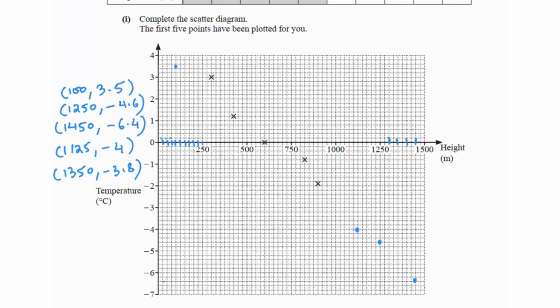That and 1350 and negative 3.8. 1300, 1350. That. So this is a scatter plot.